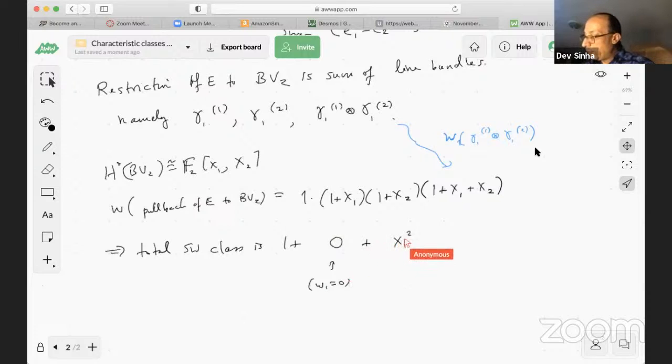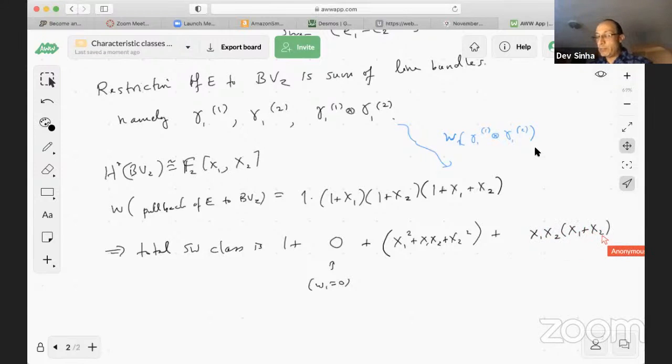We get x1 squared plus x1 x2 plus x2 squared in degree 2. And then we also get, there's a couple of ways to put it. I'll just write it x1 x2 times x1 plus x2. Or in other words, x1 squared x2 plus x1 x2 squared. So this is my W2, and that's my W3.